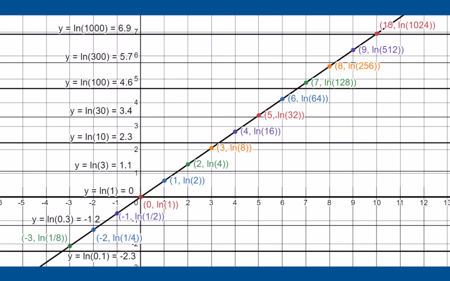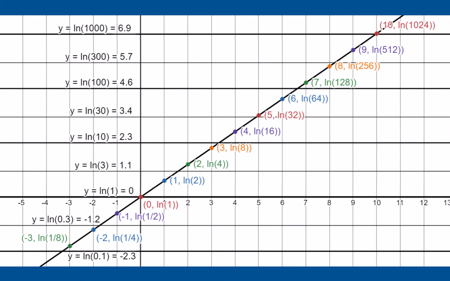Since I'm going to use these new grid lines, I can get rid of the original grid lines from the linear scale. I also want to simplify the labels a bit. We know we're working with natural logs, so all we really need to know is what number each line is the log of. Where I have y equals natural log of 10, which equals 2.3, I'm going to replace it with just 10.